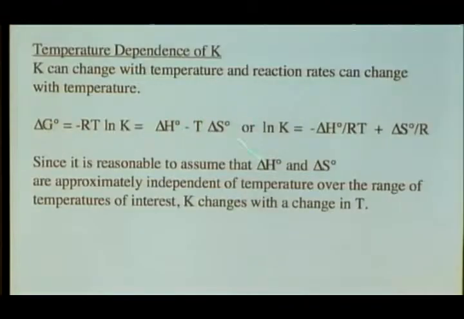All right, so we can rearrange these in terms of solving for our equilibrium constant. And so we see the natural log of the equilibrium constant equals minus delta H naught over RT plus delta S naught over R. And so it's reasonable to assume that for the things we're talking about, delta H naught and delta S naught are pretty much independent of temperature.